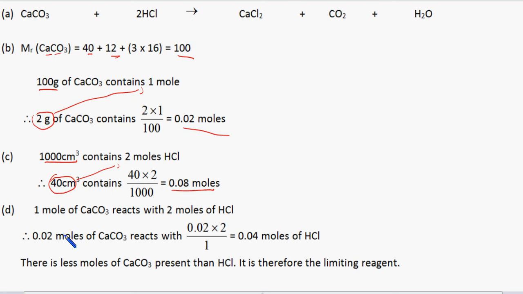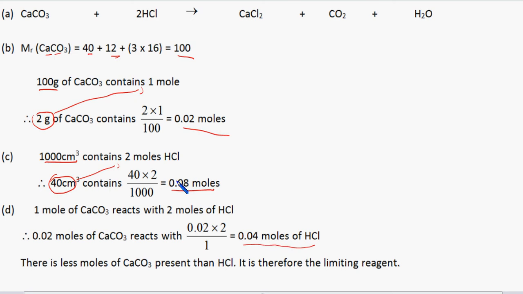Okay, so 0.02 moles of calcium carbonate reacts with 0.02 multiplied by 2, which gives us 0.04 moles of hydrochloric acid. So the calcium carbonate is in the smaller amount, which is 0.02 moles, and it will only react with 0.04 moles of the acid.